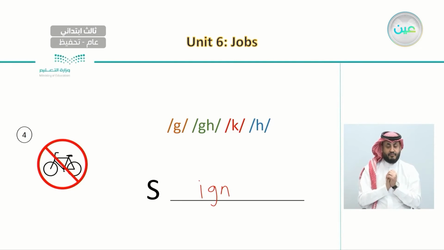By saying this word, sign, what do you think the silent letter is? Is it G, GH, K, or H? Very good. We said that in this word, the silent letter will be G. The silent letter is G.